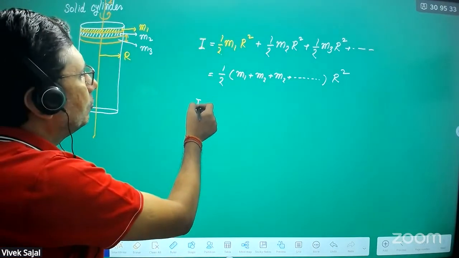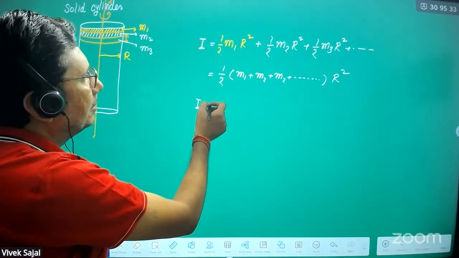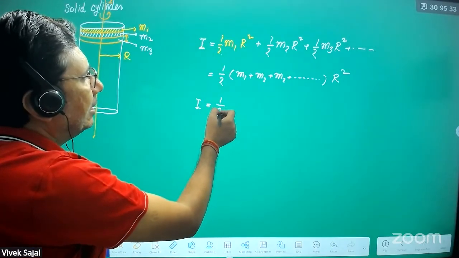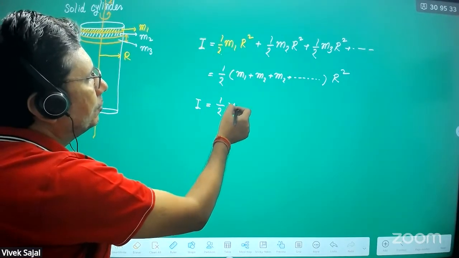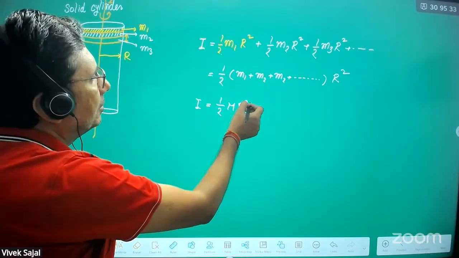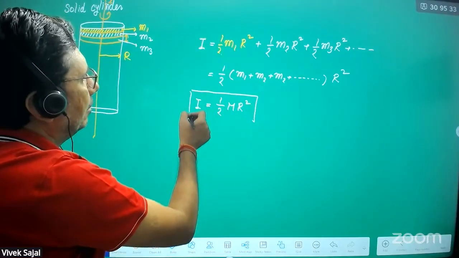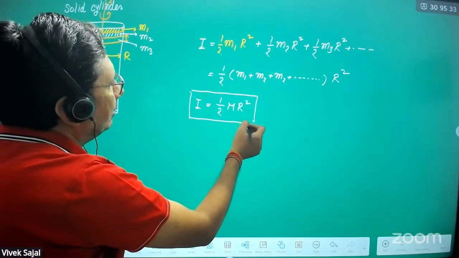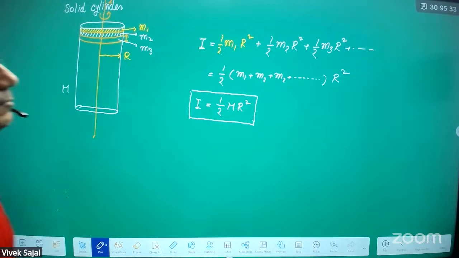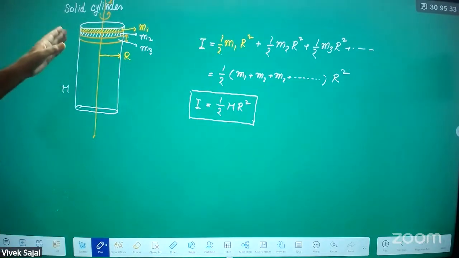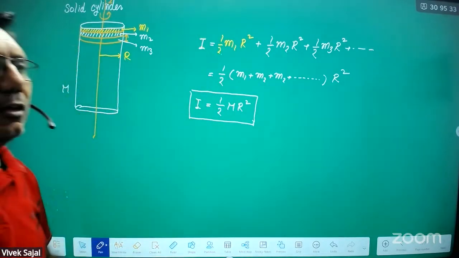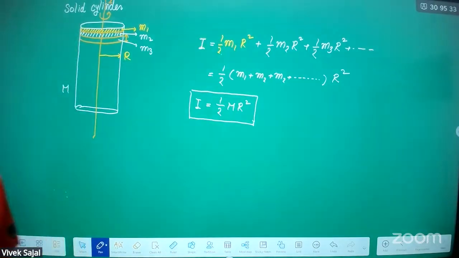So what will be the moment of inertia of the cylinder about this z axis? That will be 1 by 2 mr square. So this will be the formula for the solid cylinder.